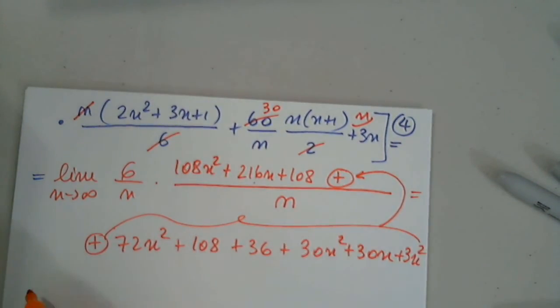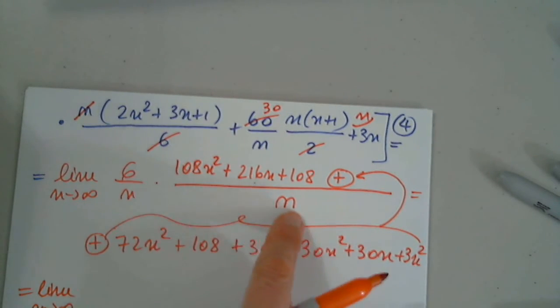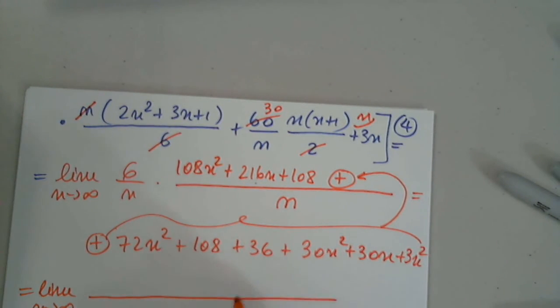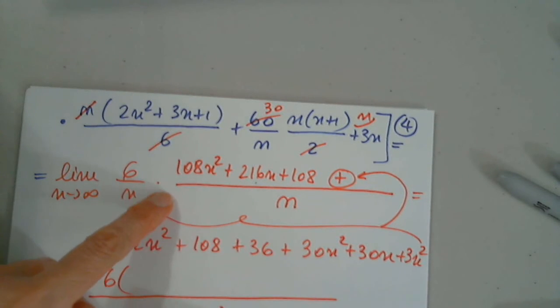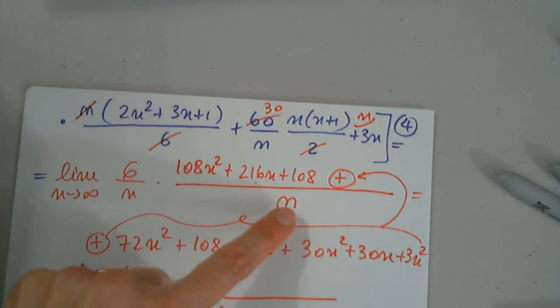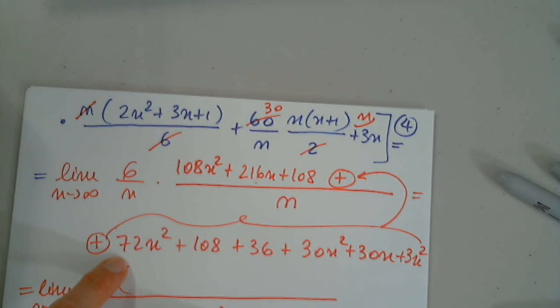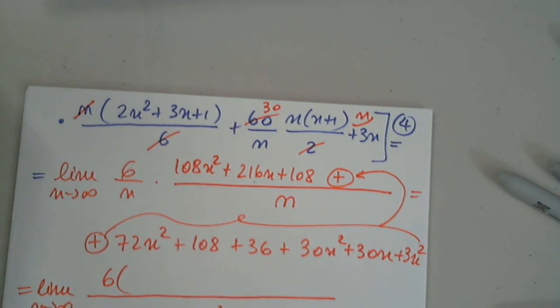Okay, now combining like terms. n times n, the denominator is 6, is n squared, the numerator gets a 6, and now let's see what we get here. I have the 108, I have the 72, I have 33, 213.